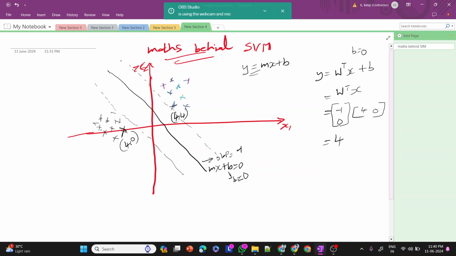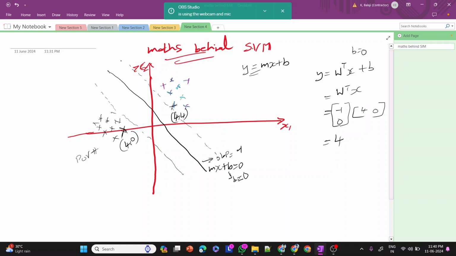So like this, we need to apply this formula to all of these points. After applying this formula to all of these points, we will get the answer in a positive form.